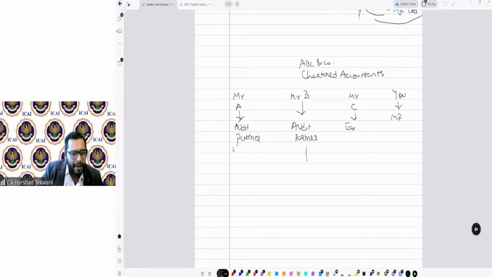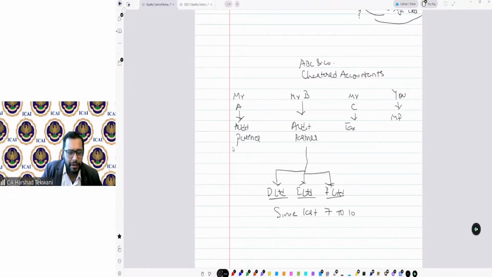Now Mr. B has three clients in his portfolio: D Limited, E Limited, F Limited. Now he is doing audit of these three clients for the last 7 to 10 years.